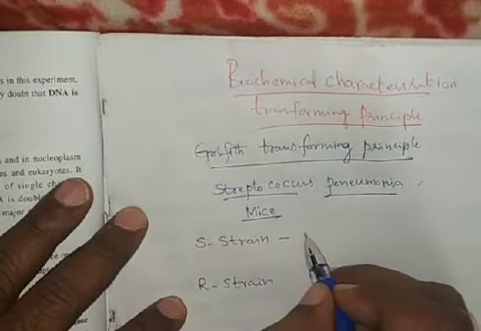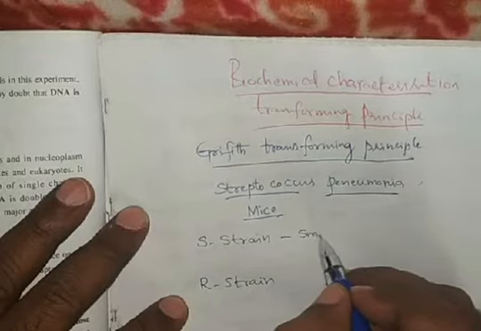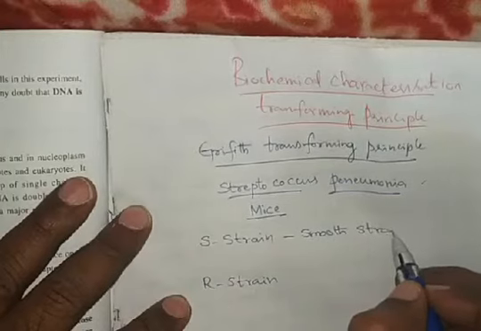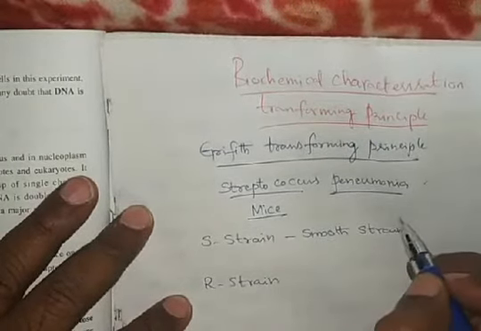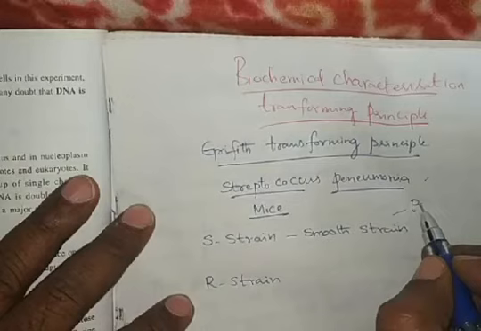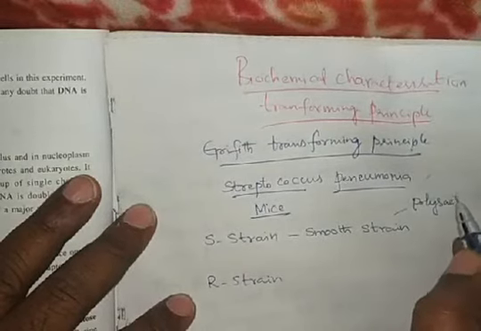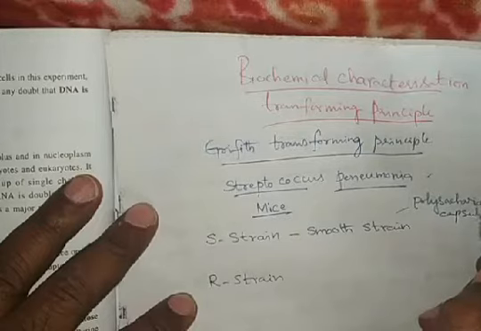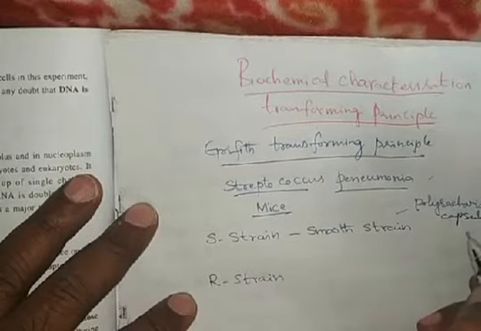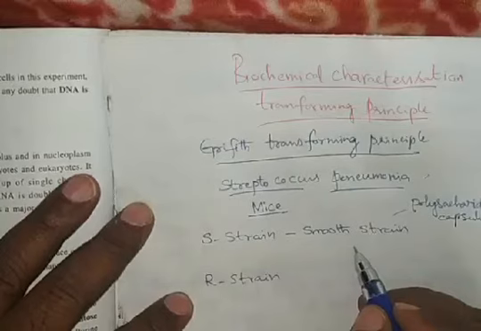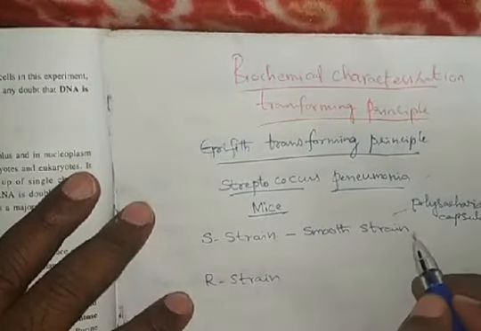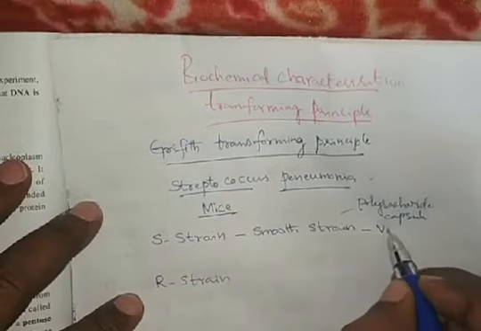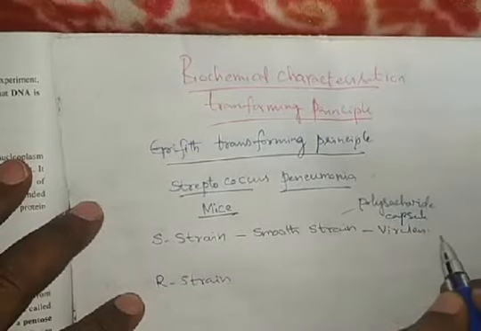The S strain is also called the smooth strain because it is covered by a polysaccharide coat, the polysaccharide capsule. This smooth strain is virulent. It is pathogenic.